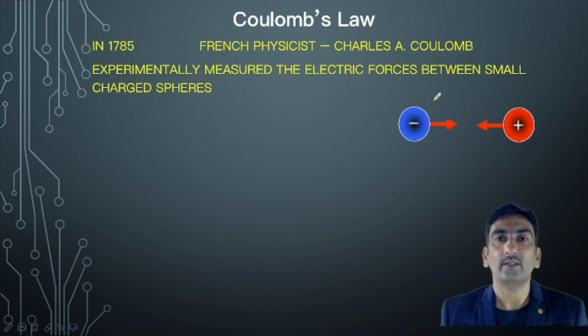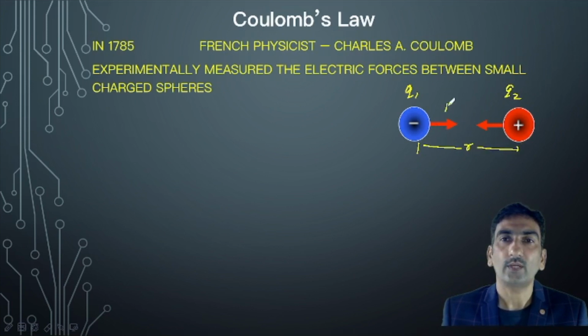If on the right side of the picture we consider two charges, negative and positive, the charge on this negative sphere is q1 and on the other it is q2. They are placed at a distance r.